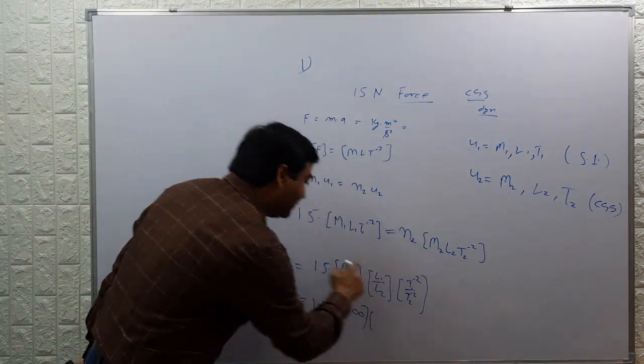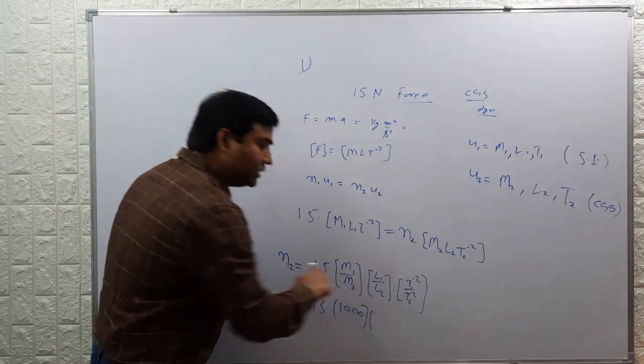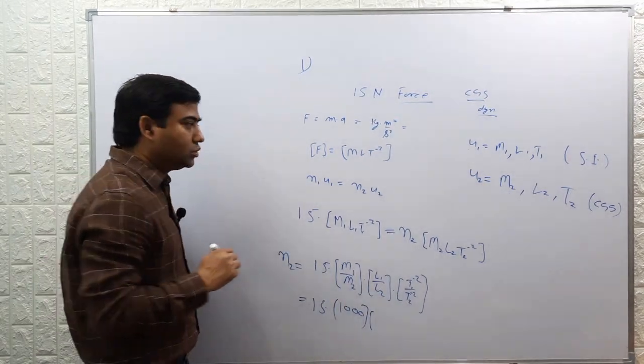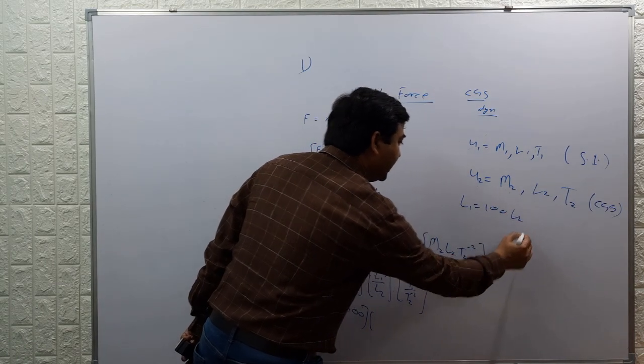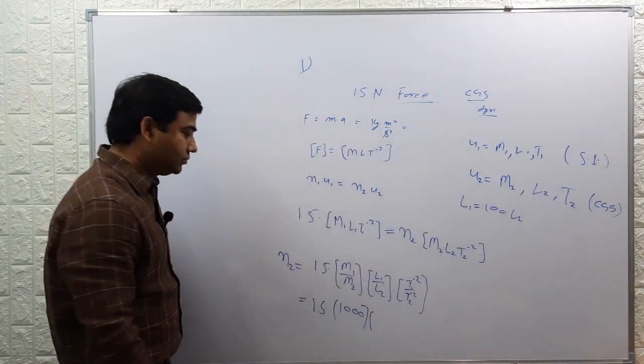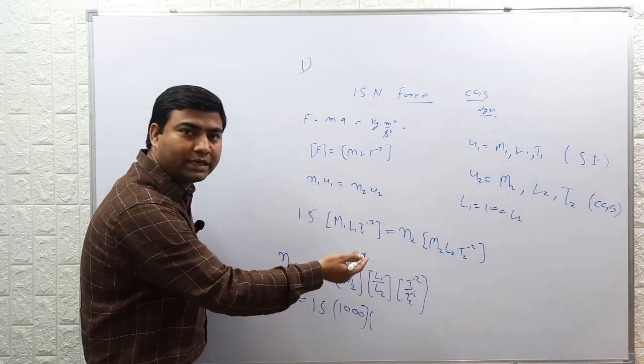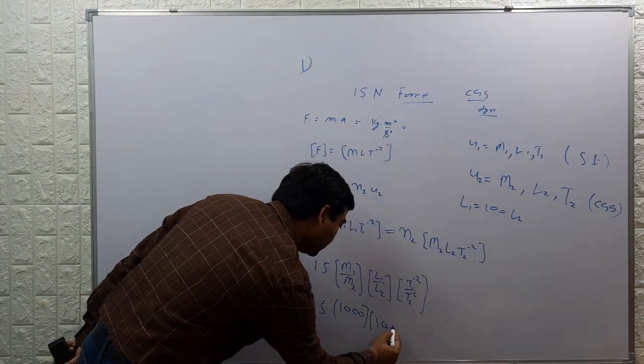Similarly, L1 is meter and L2 is centimeter. So you can say L1 is equal to 100 L2. 1 meter is equal to 100 centimeter. So it will be 100.